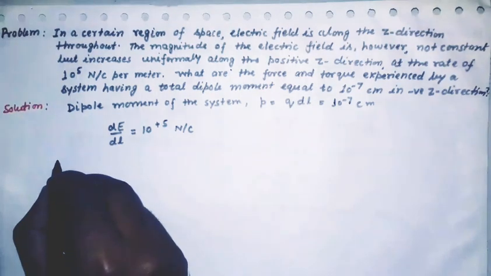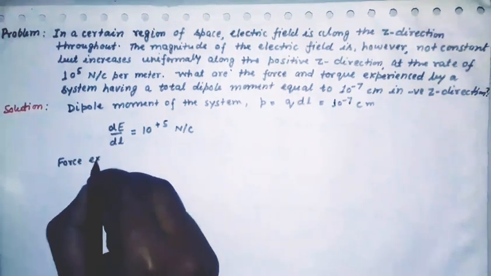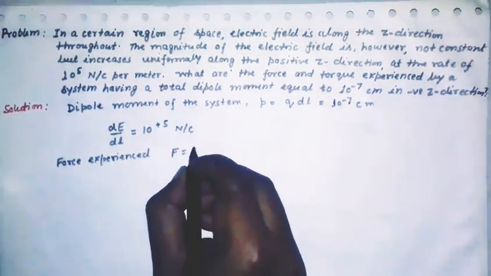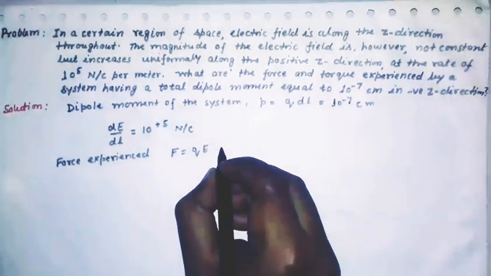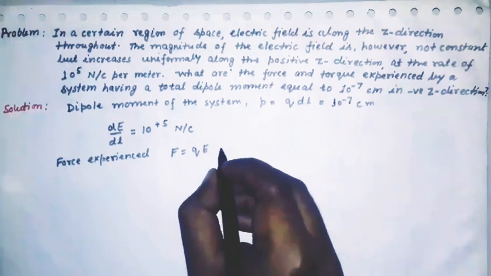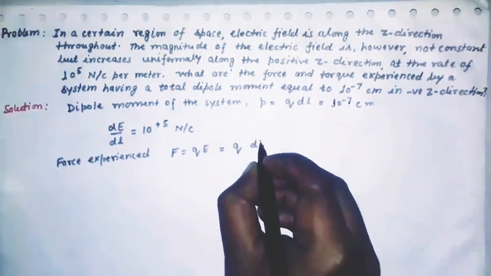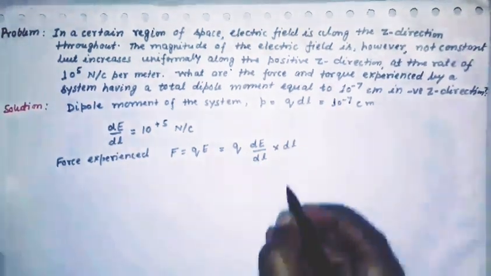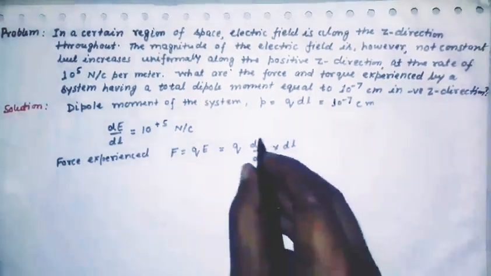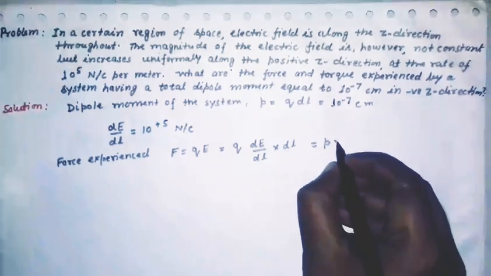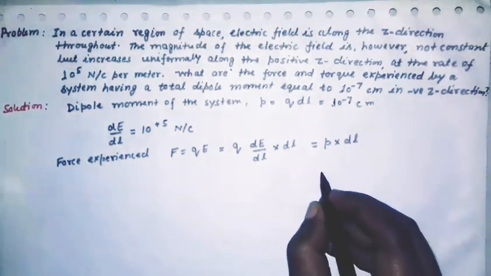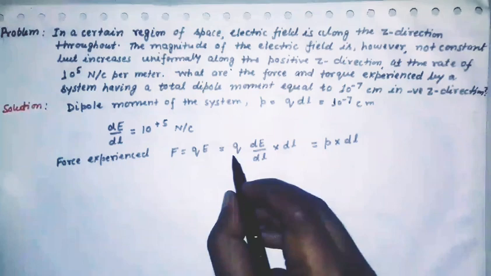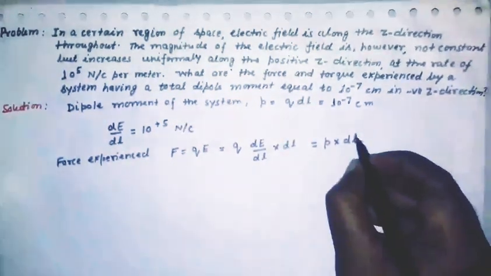So we will calculate the force experienced by the system. This F is given by Q into E. The total electric field will be equal to the rate of change of electric field dE by dL multiplied by the whole length dL. So Q dL is P, and P is multiplied by dE by dL.